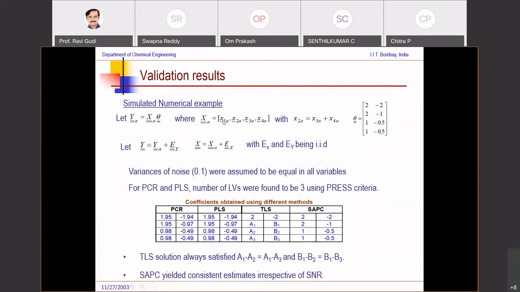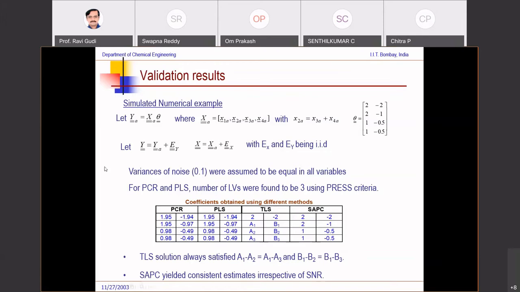Let's assume that XA consists of 4 variables, with the second variable being related to the third and the fourth variables. So this XA is basically collinear. If you try to build your theta vector using ordinary least squares when your X is collinear, then X transpose X inverse will be ill-conditioned and you'll not get a robust estimate of your theta.